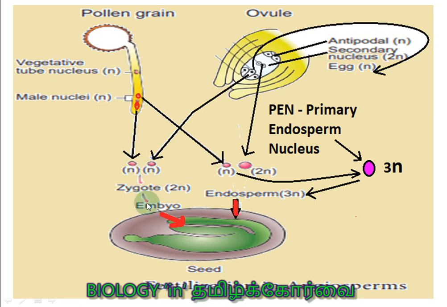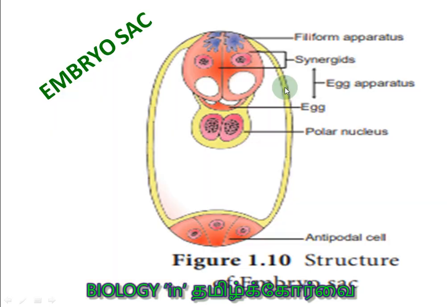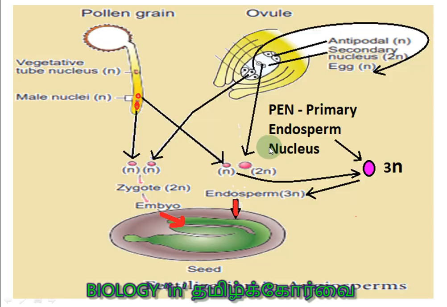So this is one part. This is the first fertilization, and this is the second fertilization. You see, in the second fertilization, the second male gamete joins with the secondary nucleus. Already we learned the 2 polar nuclei. When 2 polar nuclei join together, it is now called as secondary nucleus. It consists of a diploid number of chromosomes, and with this secondary nucleus, one more male gamete joins, so it becomes triploid.